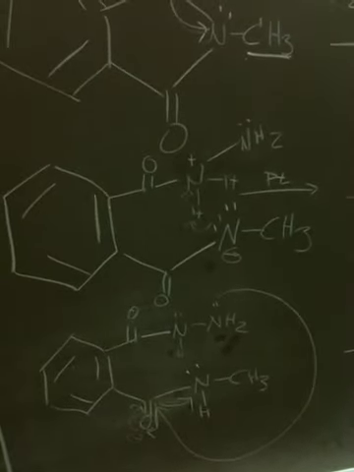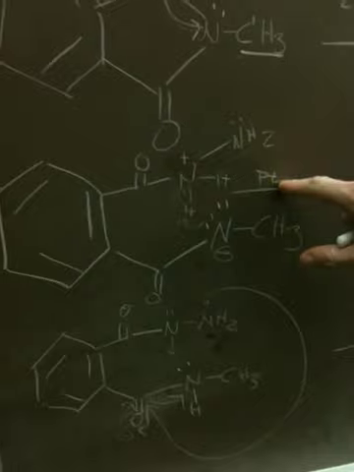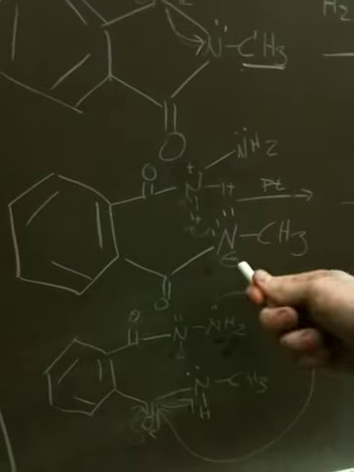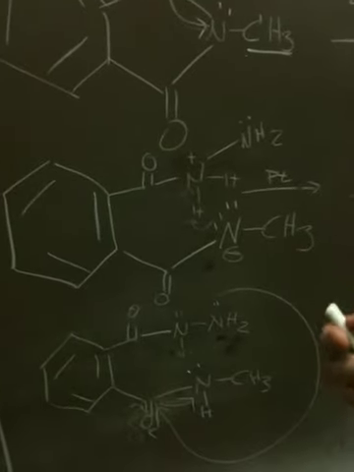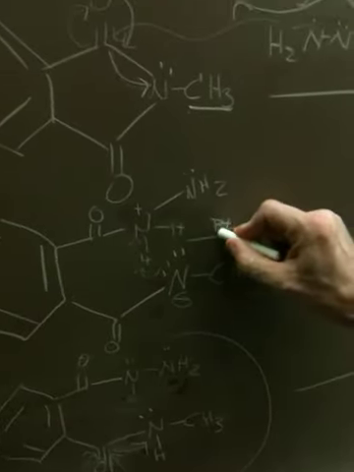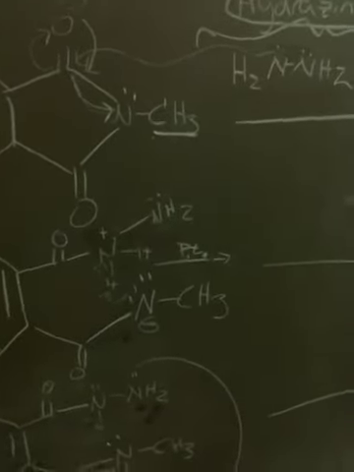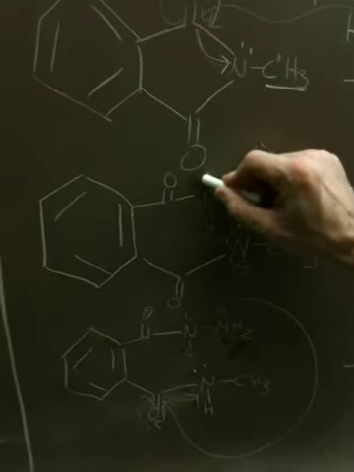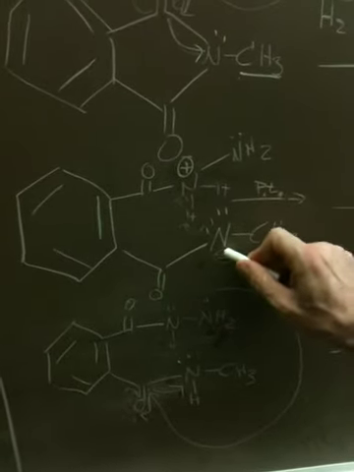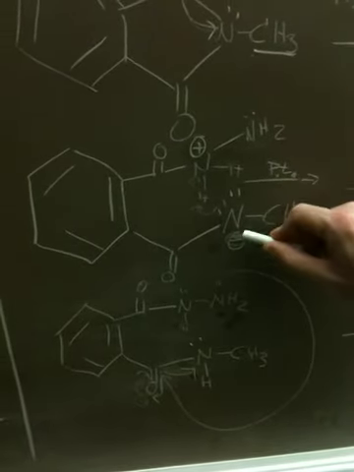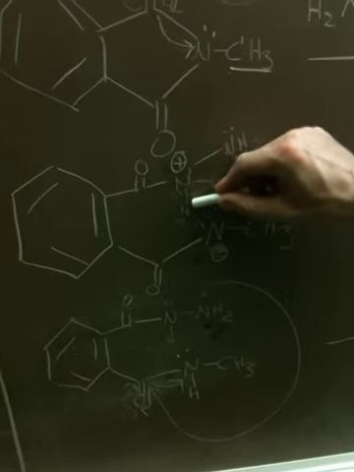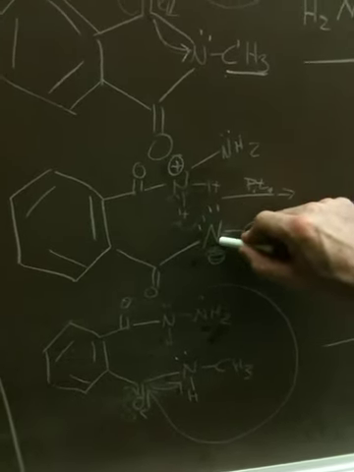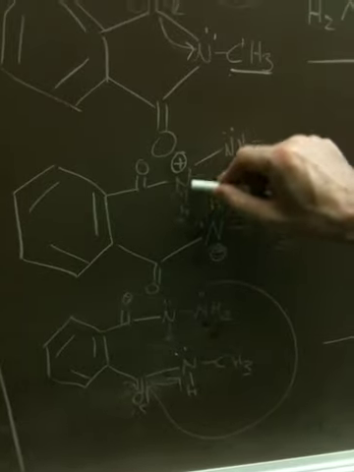So now proton transfer happens. If you remember from a couple chapters back, we had this thing called proton transfer. That's what this PT stands for. It confused me for a second, I thought it was like H2PT because I got a whole chalkboard of stuff written up here. Anyway, you got a positive charge on this nitrogen, and a negative charge on that nitrogen, because this nitrogen gained an electron from this bond that used to be here, so it's negative now, and this one lost one, so it's positive now.